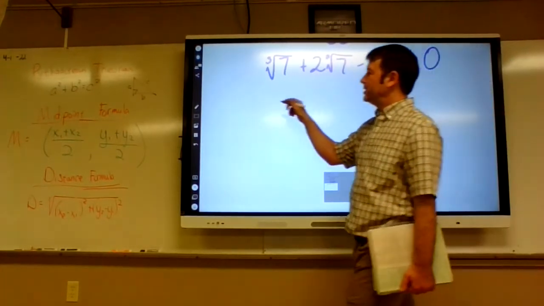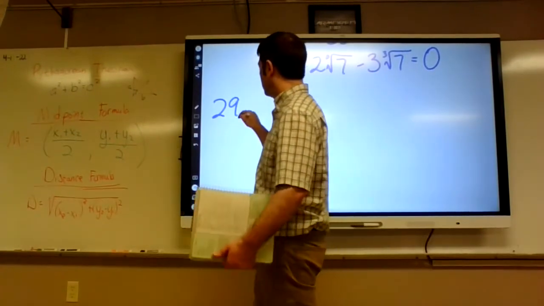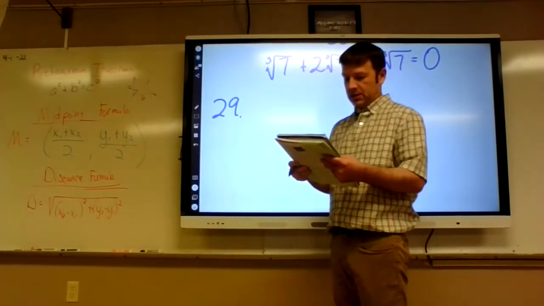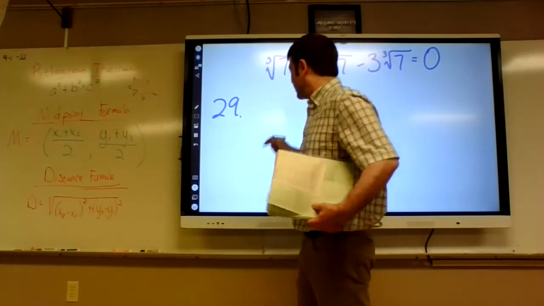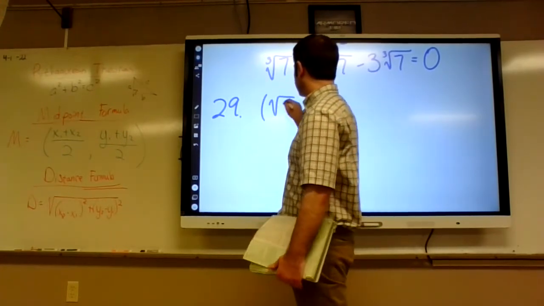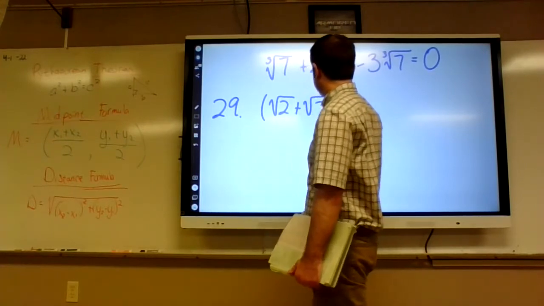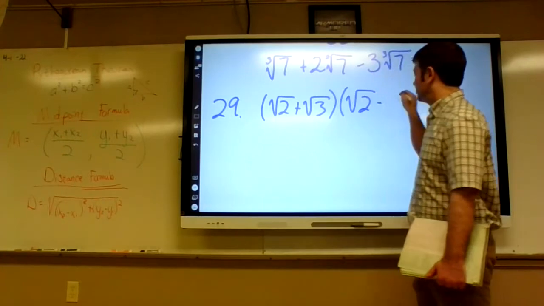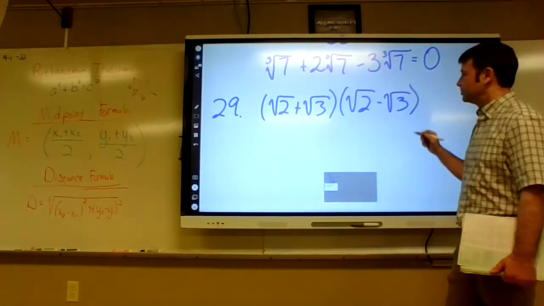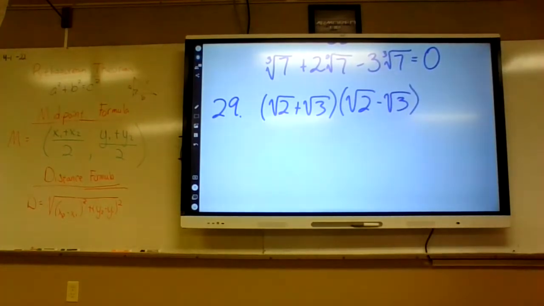Okay, 29 says square root of 2 plus square root of 3 times square root of 2 minus square root of 3. I bet we don't remember what this is. It's a FOIL problem, but you guys know what's special about this FOIL problem? Inside, outside.